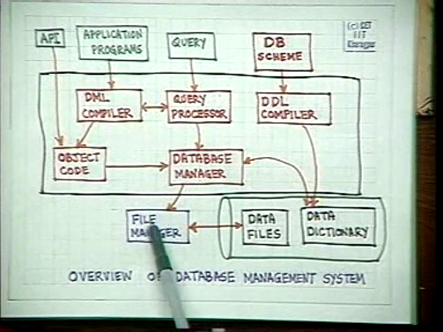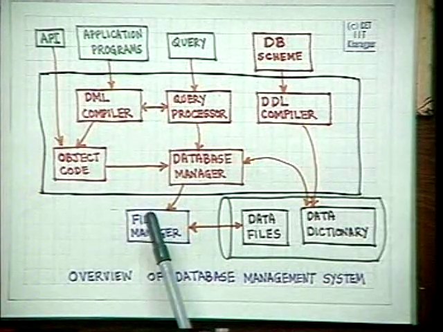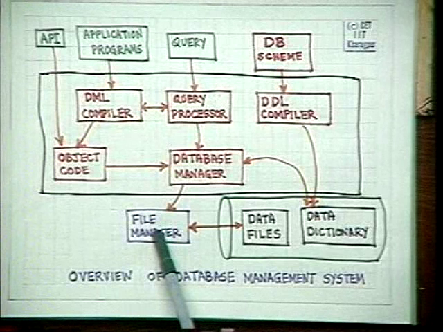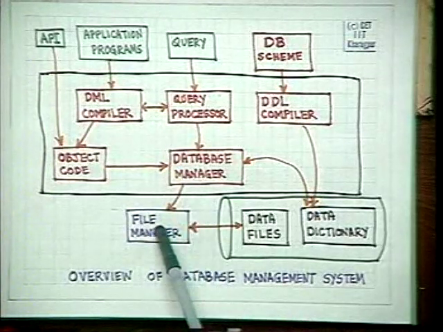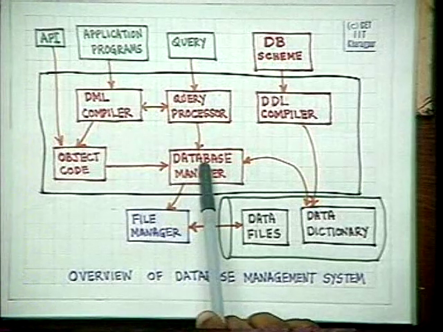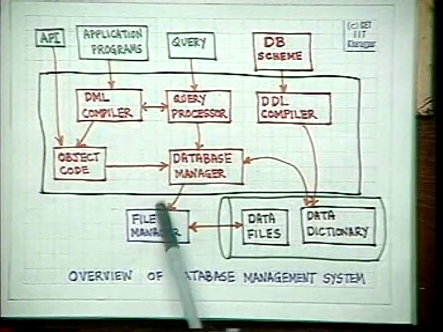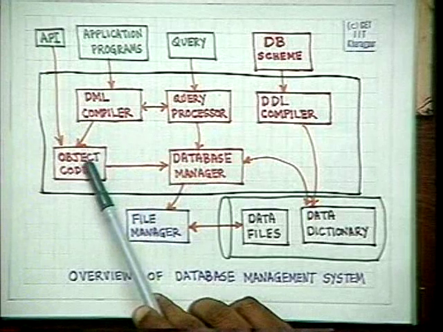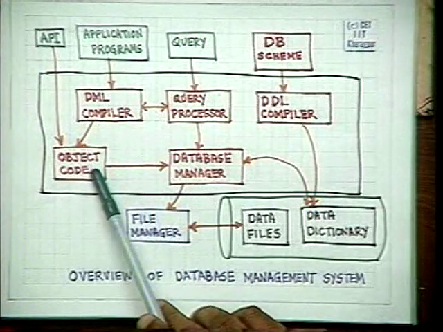Sometimes file managers and file accessing may also be written by the database itself. We will come to that later on. For the time being, let us assume that the file manager will return this information from the database back to the database manager, and the data will be passed on to this object code.